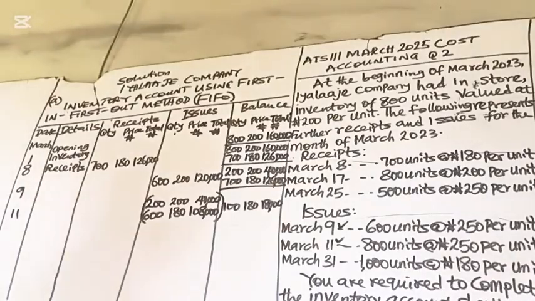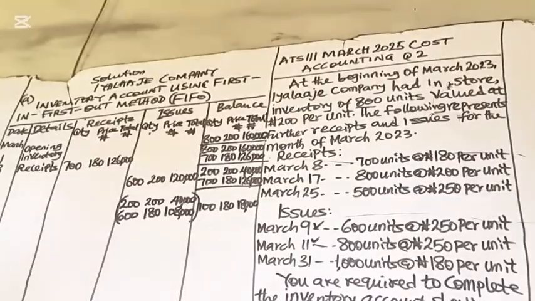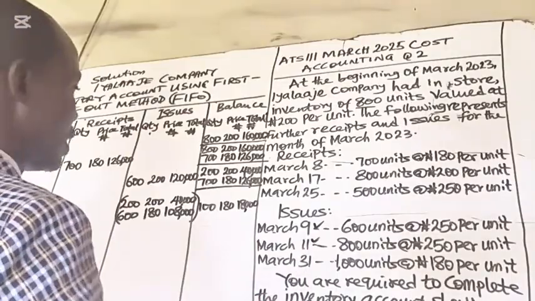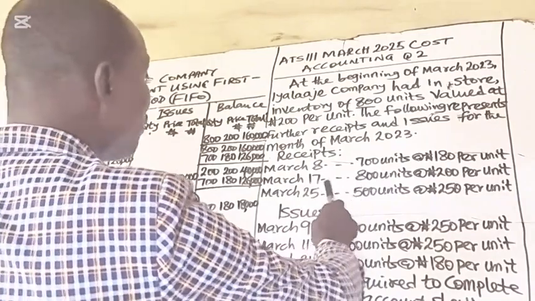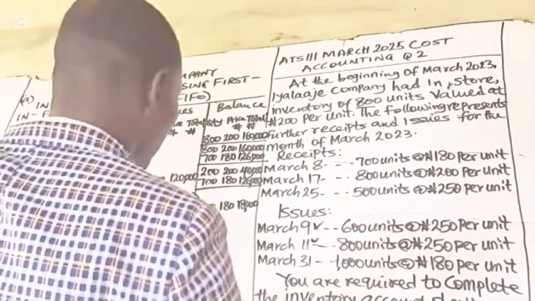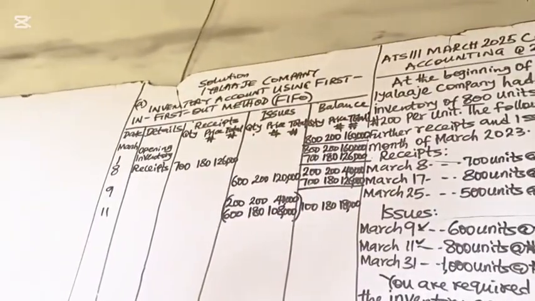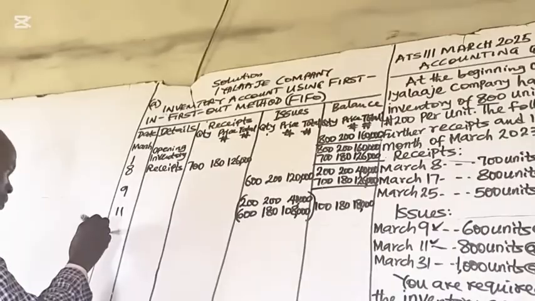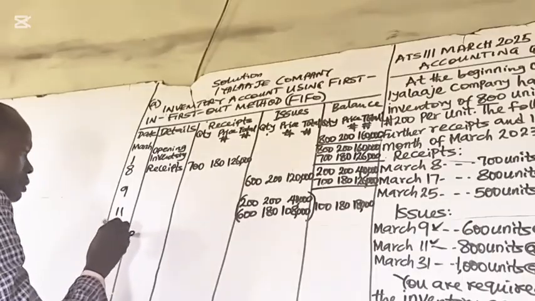After March 11, the next transaction happens on the 17th of March before you get to 31st of March. On the 17th of March, you receive additional 800. So that will be 800 on the 17th of March, receipts.